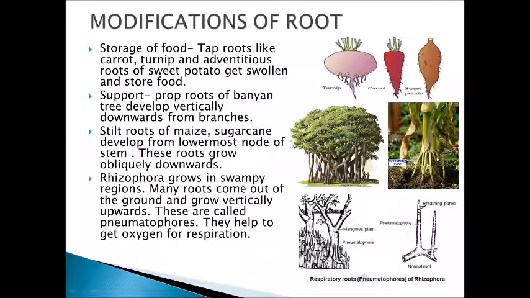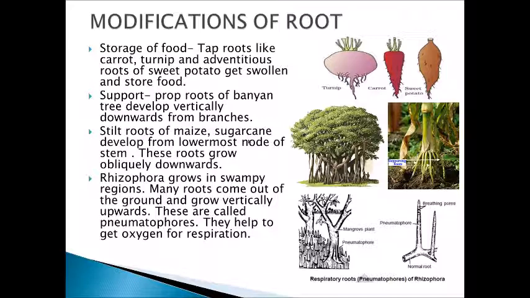The long branches of the tree develop these prop roots. As these roots grow not from the radicle but from the branches, they are adventitious roots. These roots grow vertically downward and provide support to the plant. These are called prop roots.